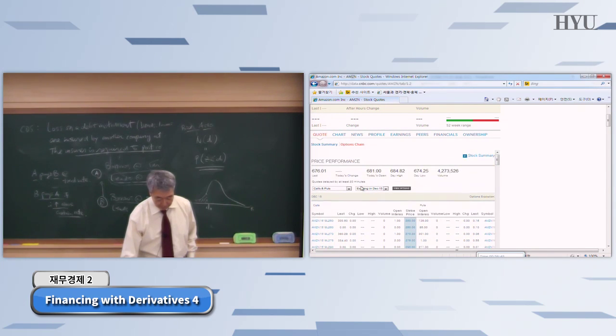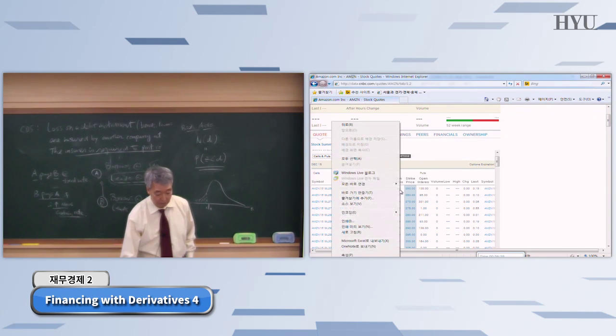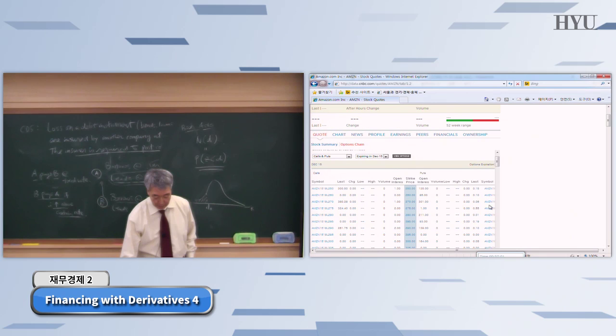Okay. Anyway, so that's the last trading price, change from the previous session. Low, high, volume, how many units are actually traded, and open interest, how many units are remaining in the market, and so on.